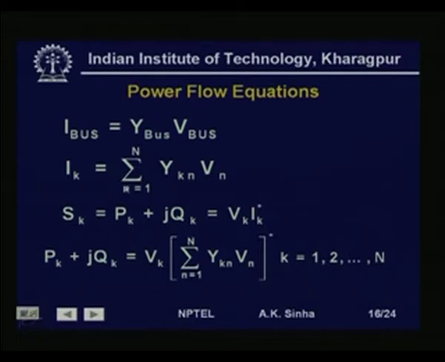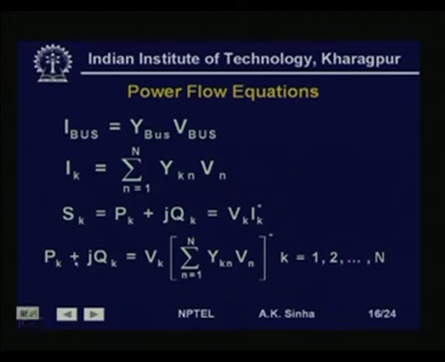Ik is equal to summation n equal to 1 to capital N, where capital N is the number of bus bars in the system, of Ykn into Vn. Now, we can write the complex power injection into bus k, Sk, equal to Pk plus jQk, and this is equal to Vk into Ik conjugate. Ik conjugate will be the conjugate of this term.